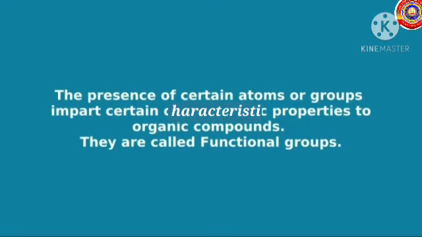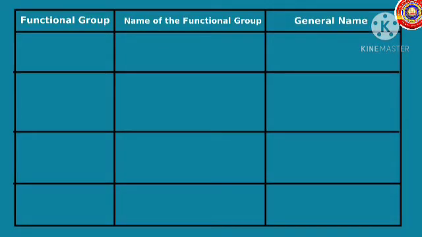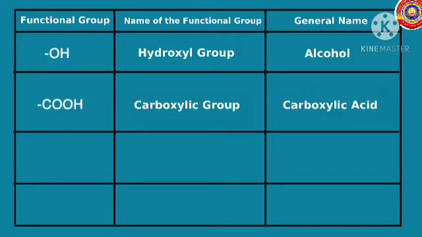Now let's get familiar with some of the functional groups and their symbols. Look at the table. The compounds having OH hydroxyl group as the functional group are commonly called alcohols. And the compounds with the functional group COOH, carboxylic group, are known as carboxylic acids.